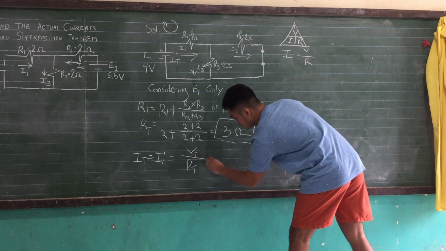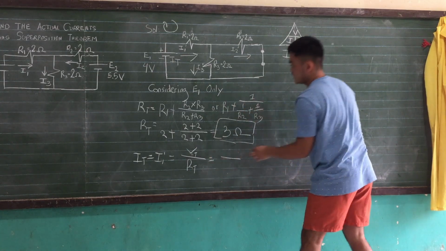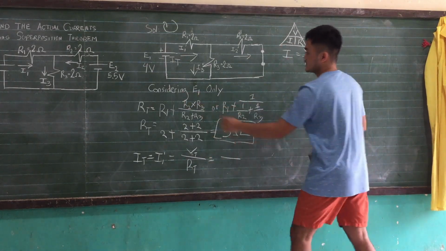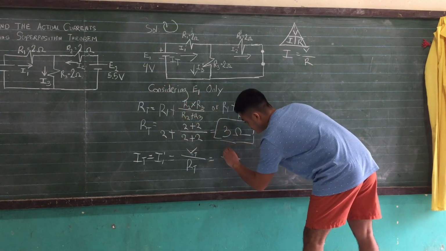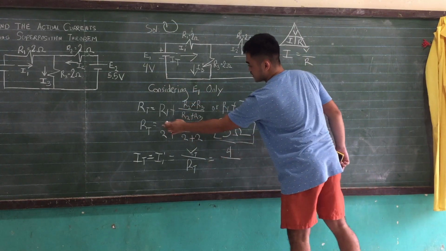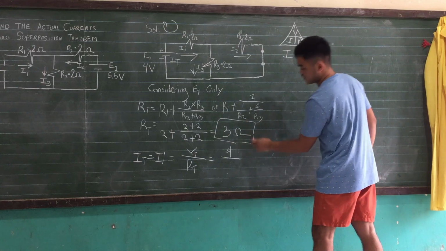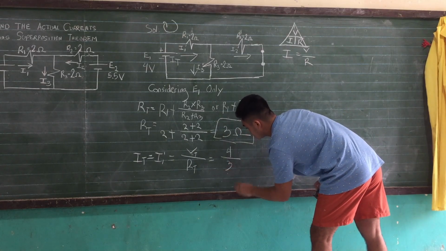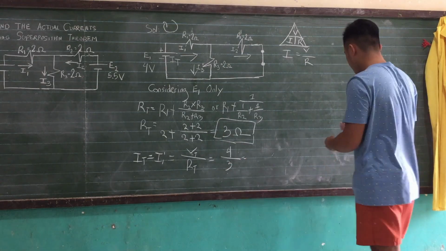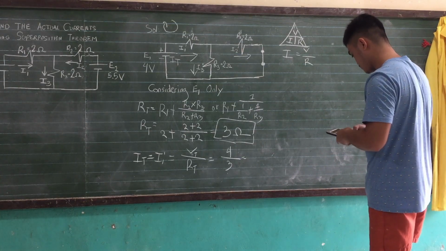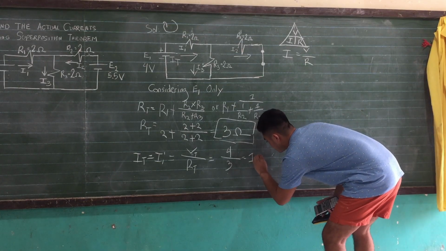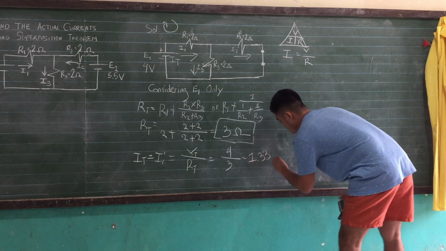By substitution, ano nga ba yung V total natin? It is 4 volts. And our R total is 3 ohms. So 4 divided by 3 is equal to 1.33 ampere.